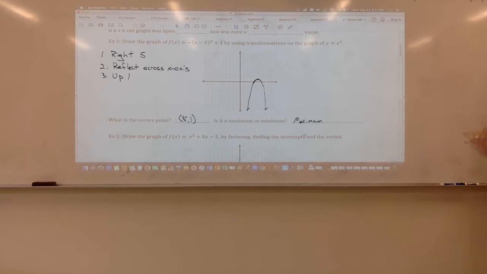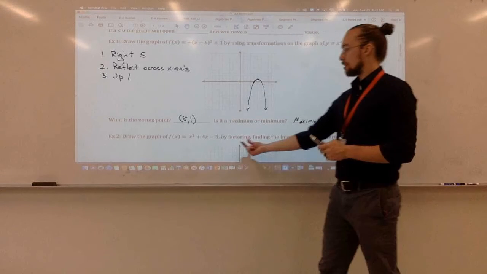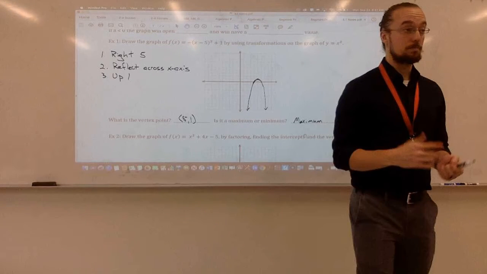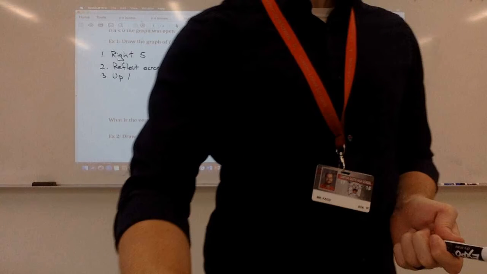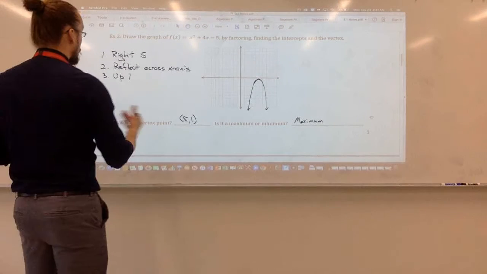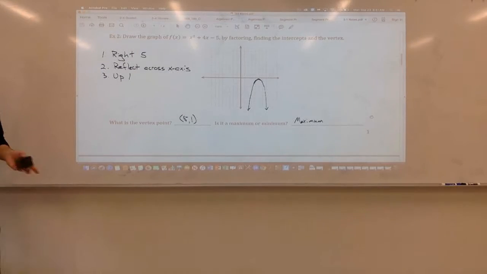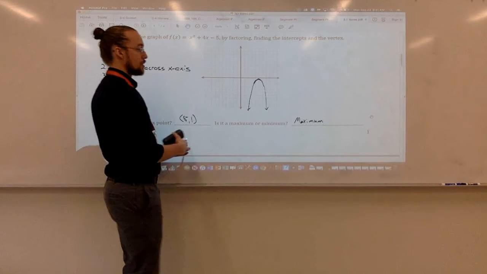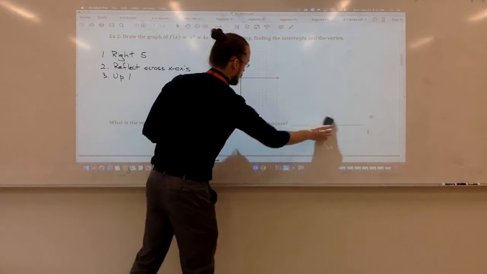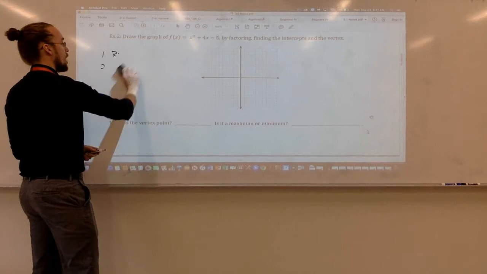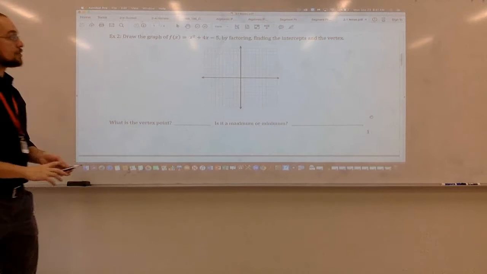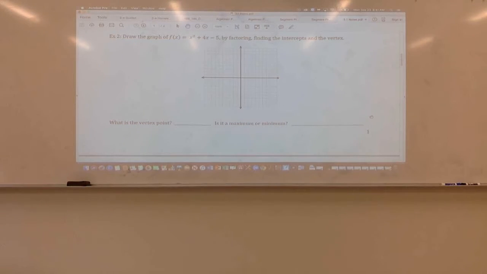So let's take a look at a quadratic given in standard form. We want to graph this one as well. We can't just use our transformations on something like this, because it's not presented to us in that form. So one way of graphing a quadratic like this is to factor it, find the zeros, and then find the vertex from there.